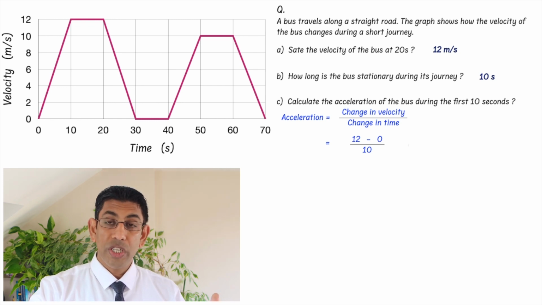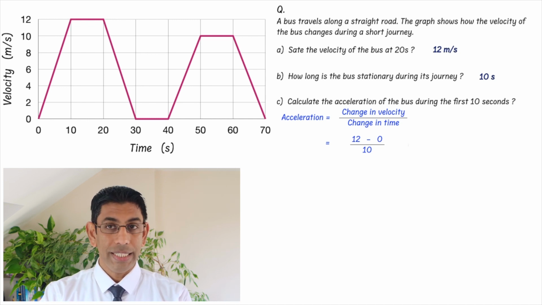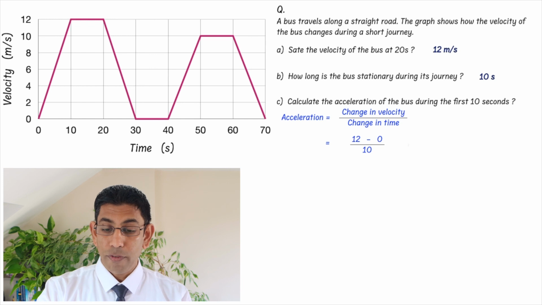You can see the bus was starting from stationary, 0, to 12 meters per second for the first 10 seconds. So the change in velocity is final velocity minus initial velocity, which is 12 minus 0, over time, 10 seconds, and therefore acceleration for the first 10 seconds is 1.2 meters per second squared.